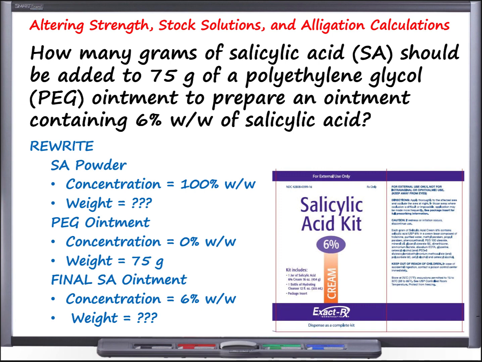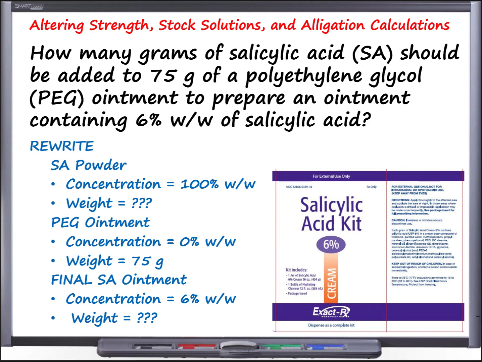There's none in there. We also know how much we're using. We know to start by using 75 grams of this ointment, right? And those are the only two things we're adding together. The third thing we know, though, is what we want it to be in the end. So what we want our final ointment to contain is a concentration of 6% weight per weight salicylic acid.